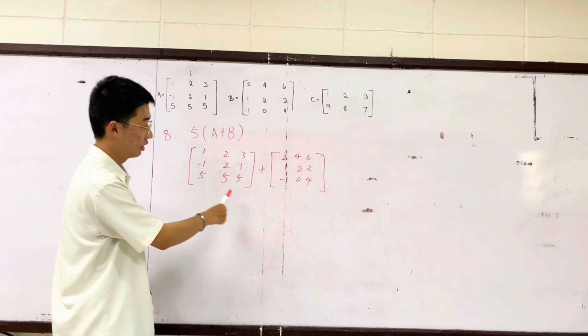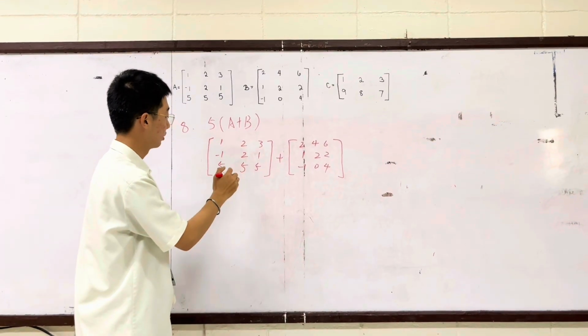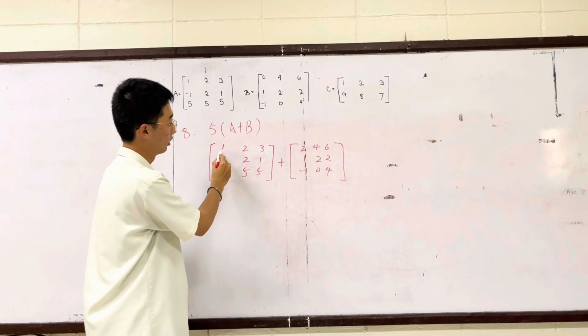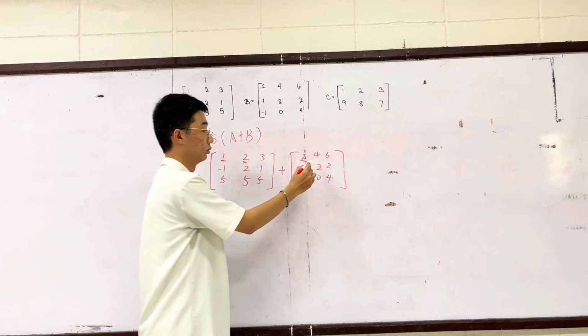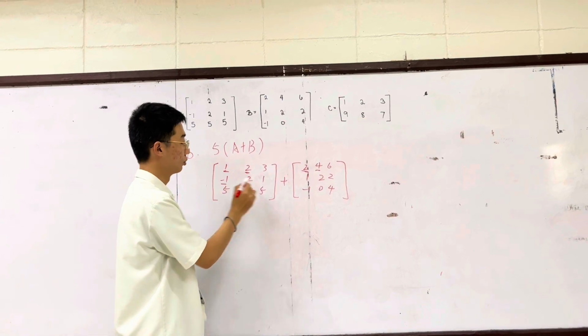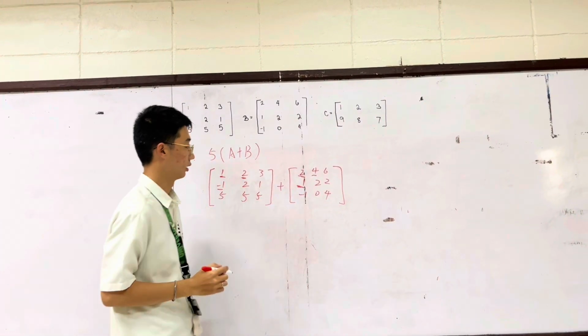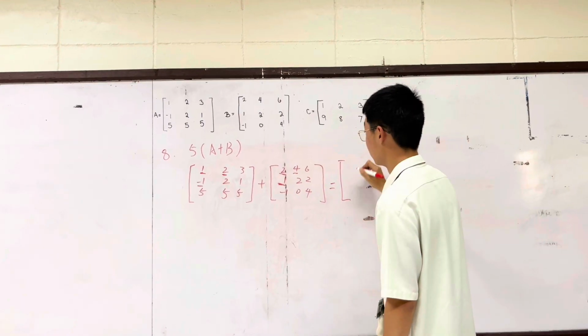Here's the matrix A, here's the matrix B. When we're solving addition, we just simply use the A11 plus B11, A12 plus B12, so on and so forth. Also, A21 plus B21. So we can get this.